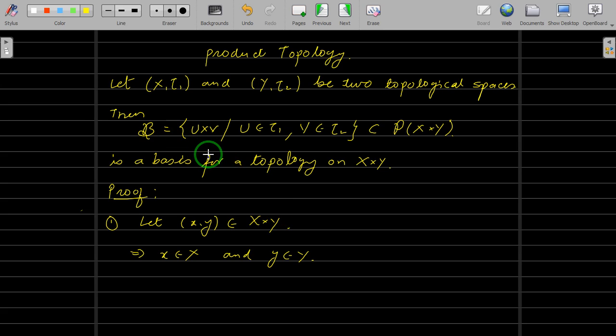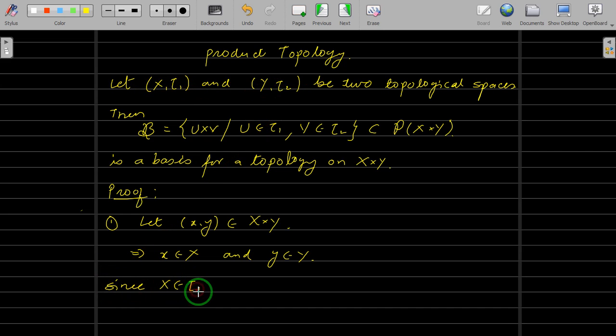You have to get one element where the first element is in tau 1 and the second element is in tau 2. Since tau 1 is a topology on X and tau 2 is a topology on Y, that means X belongs to tau 1 and Y belongs to tau 2.